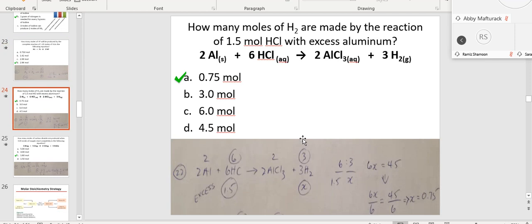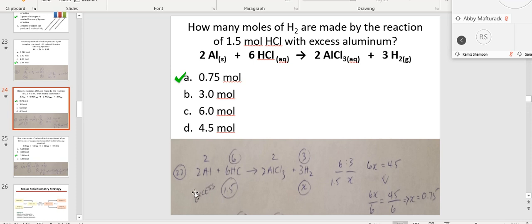Again, same thing. Lots of examples here. How many moles of H2 are made by the reaction of 1.5 moles of hydrochloric acid with excess aluminum? Now, don't be afraid of this word. Okay? Do everything there the same. There's your chemical equation. It's balanced. There's your molar ratio. What am I asking for? How many moles of H2? X moles. What did I give you? 1.5 moles of HCl and excess aluminum.